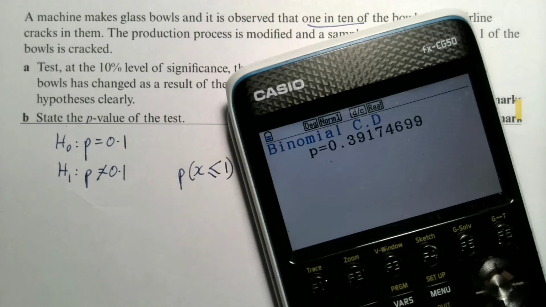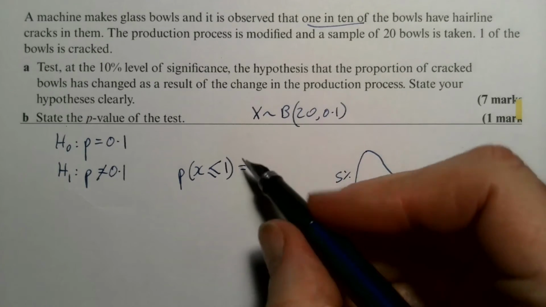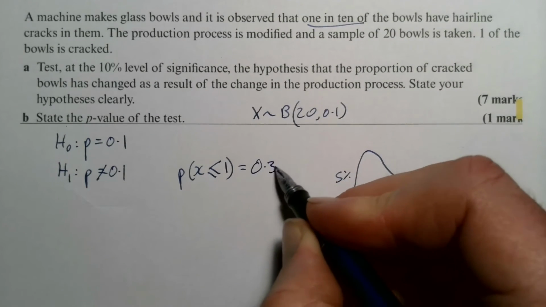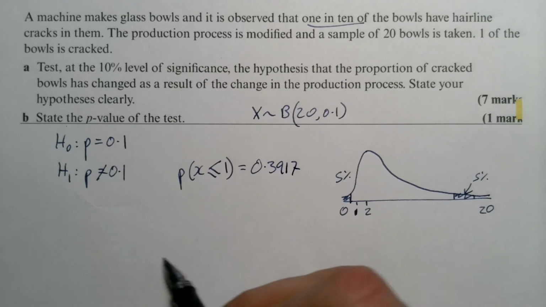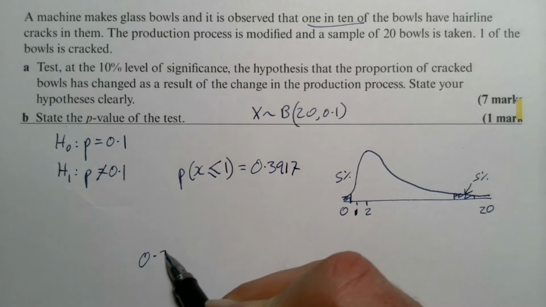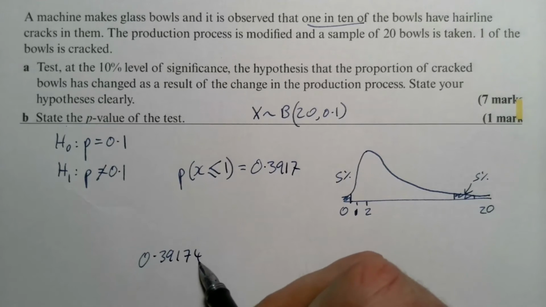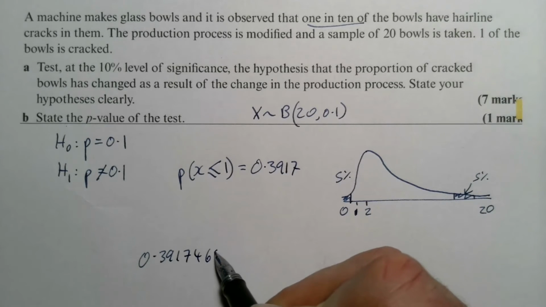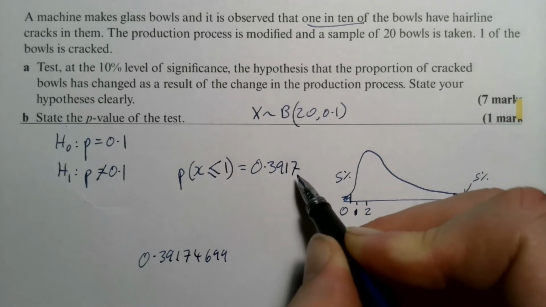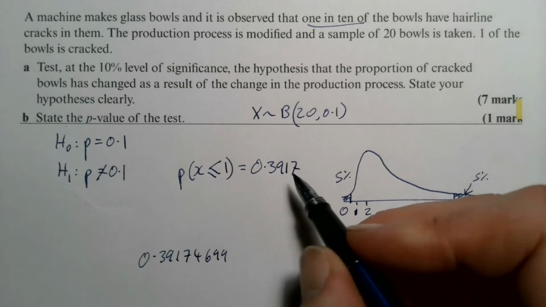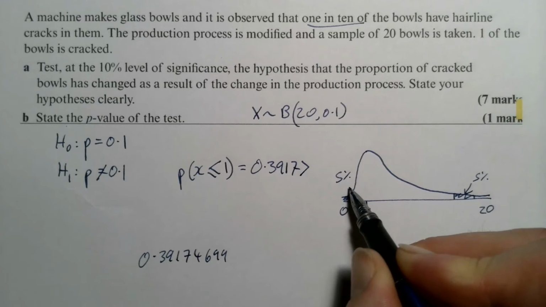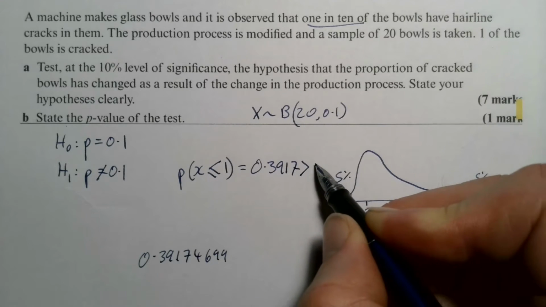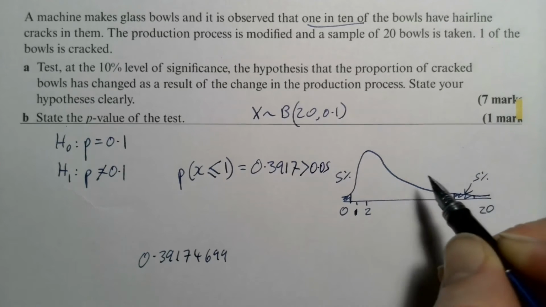0.3917. So I'll write that down, 0.3917. And for that p-value I'm going to write down everything that I've got in my display there, 4699. Right, so that is significantly more than 5%, isn't it? More than 0.05.